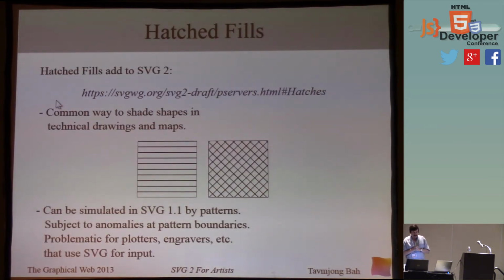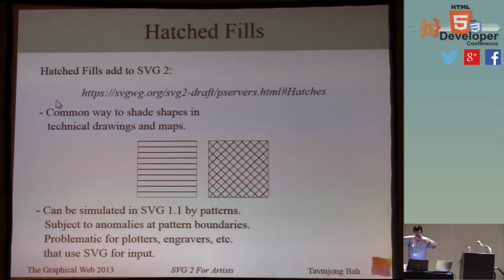Hatched fills. These have been added to SVG2. They're a very common way of shading things in technical drawings and on maps. You can simulate them in SVG 1.1 with patterns, but a pattern is a tiling, and at the tile boundaries you often get artifacts. Also, SVG is not just used for the web.